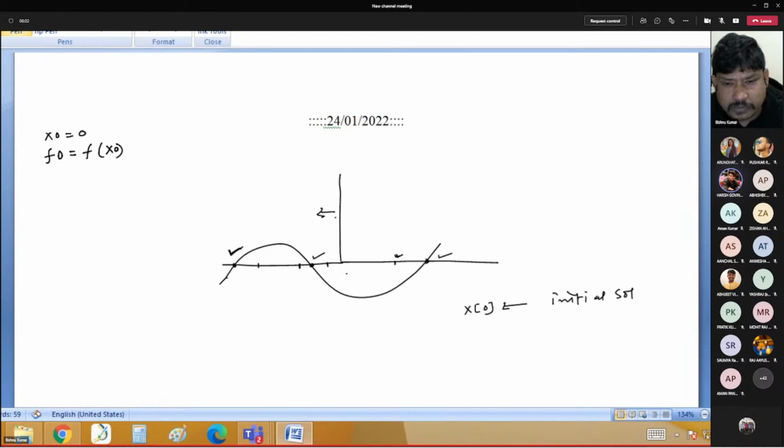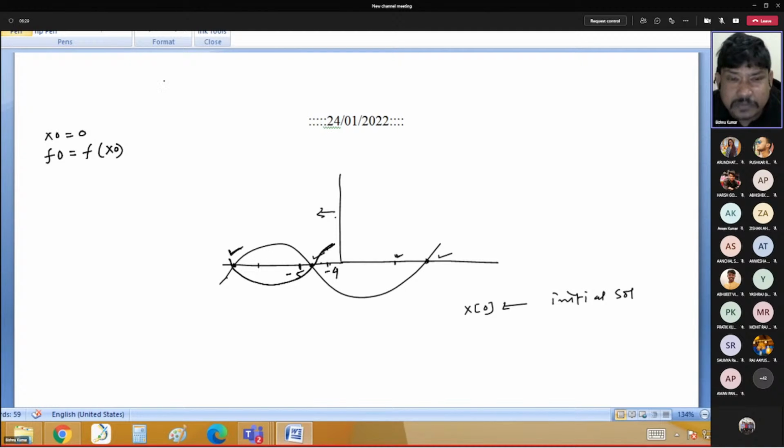At -5 it is negative, and at -4 it is positive. So the graph looks like this: -4 positive means above the x-axis, and -5 negative means below.